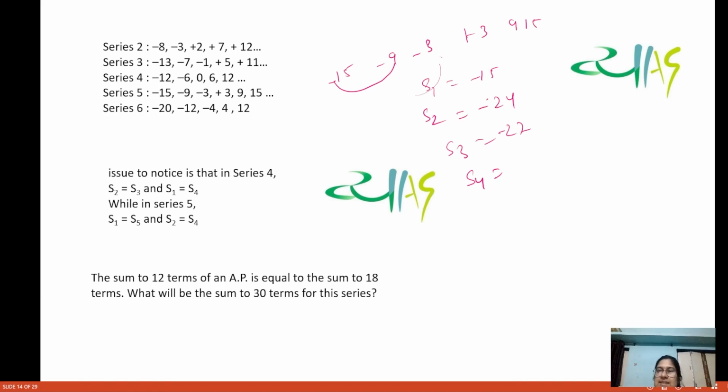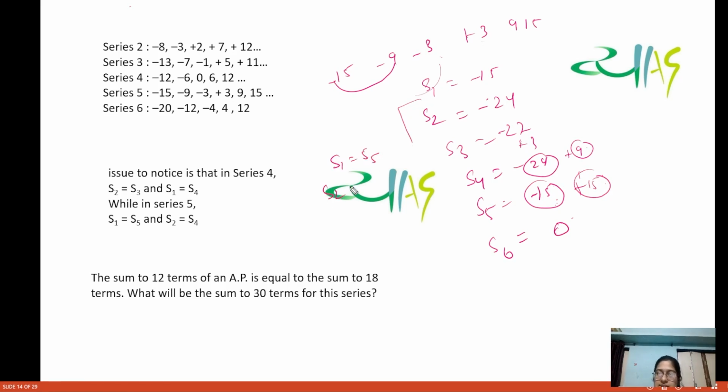Just add plus 3 to this, so you will have -24. Now S5, just add plus 9 to this, so you will have -15. And S6 is what? Here add plus 15, so 0.